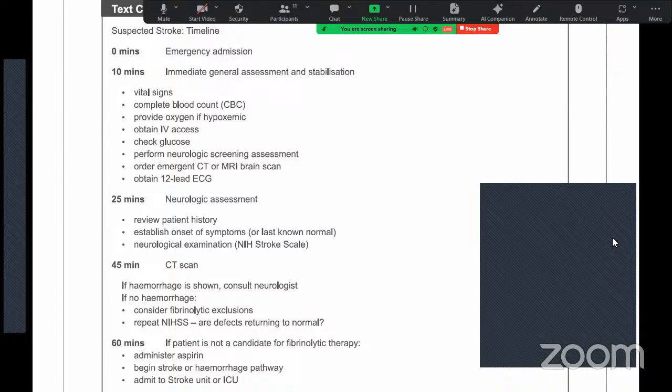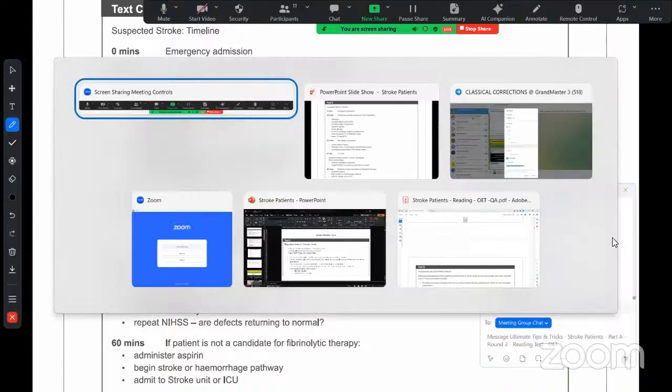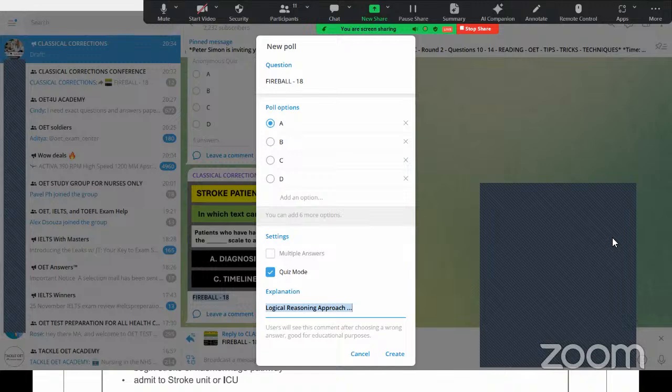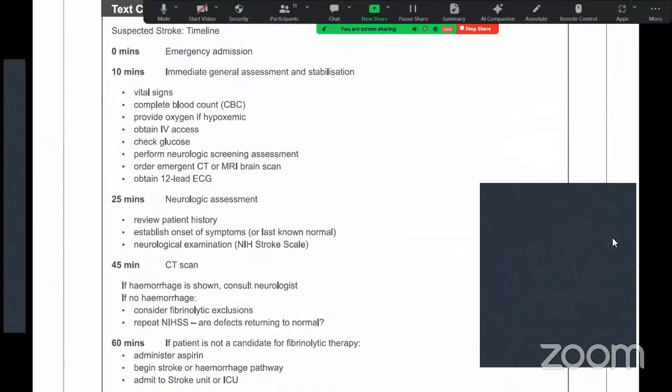It is already taken at 25 minutes, and then again at 45 minutes it is coming. Repeat NIHSS or the 25th one. NIH stroke scale. But in the question, scale is already given.